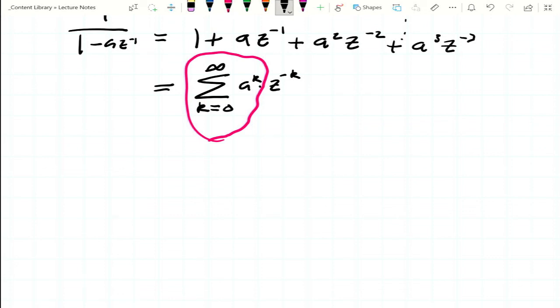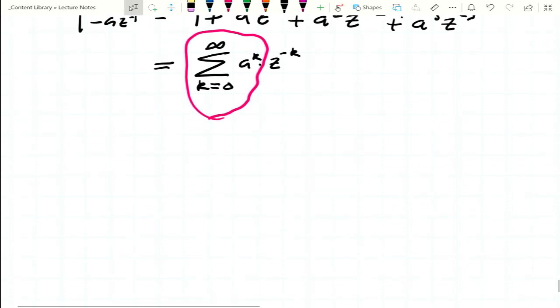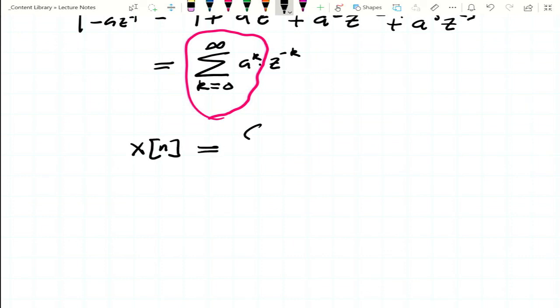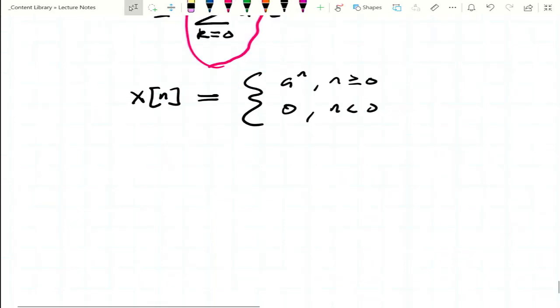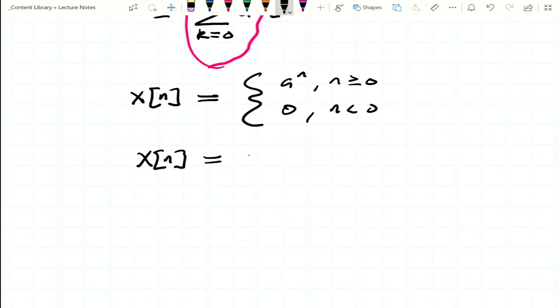So x of n is equal to a to the n if n is greater than or equal to 0, or 0 if n is less than 0. And another way to write that is x of n is equal to a to the n times u of n.